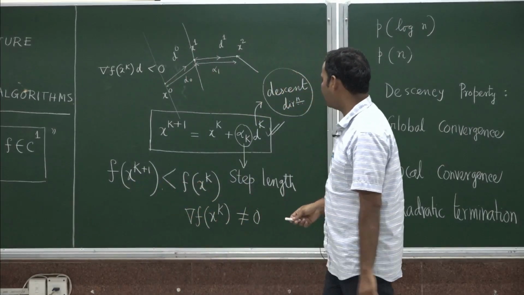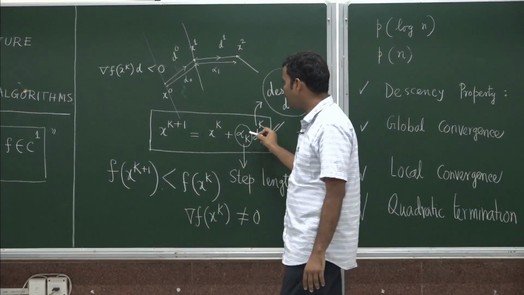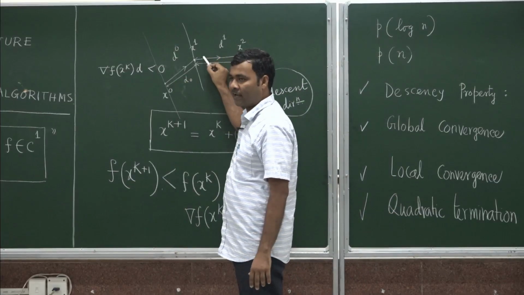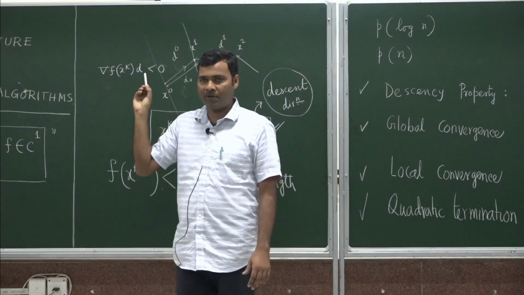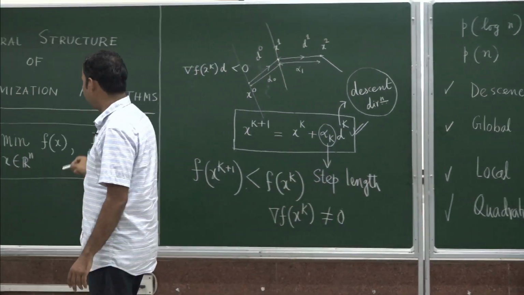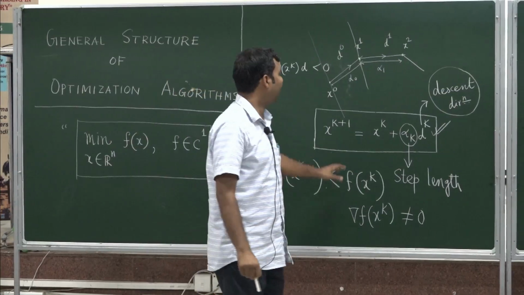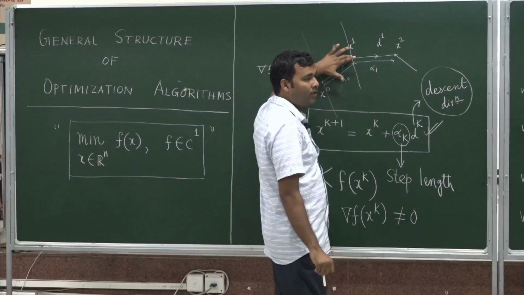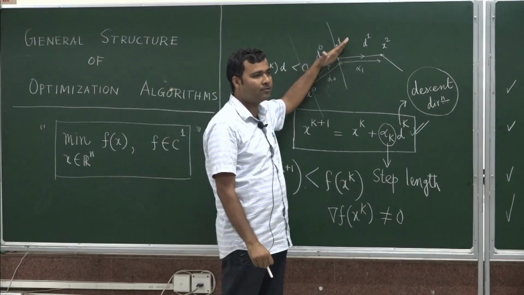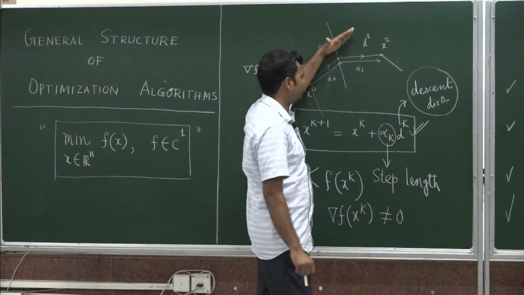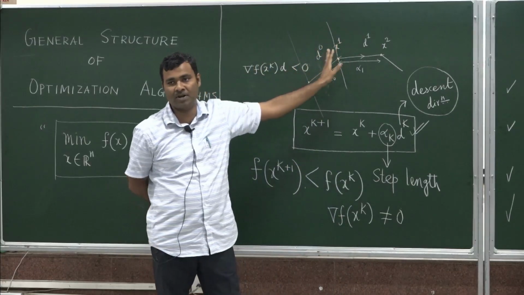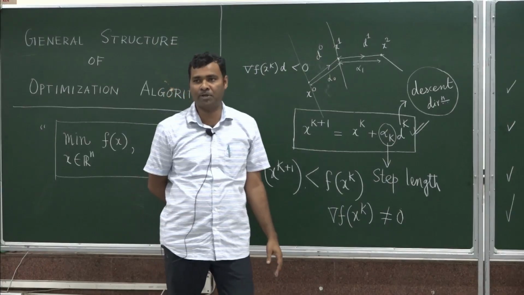Then we are moving along the direction dk. Whatever the number of variables n of the function, when choosing this alpha k we are moving only along a particular direction, and along a particular direction this function reduces to a function of one variable, is it not?